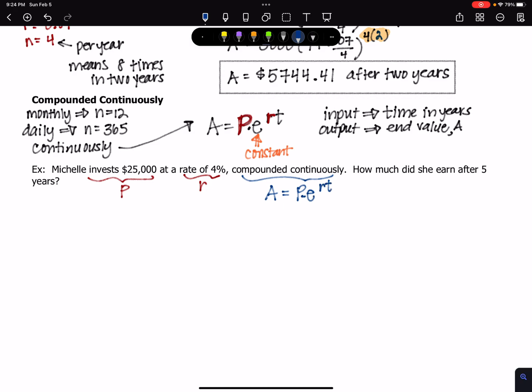A equals P times e, and then e is raised to the rt power. So you're going to take e, raise it to the rt power, and then multiply that result by P.